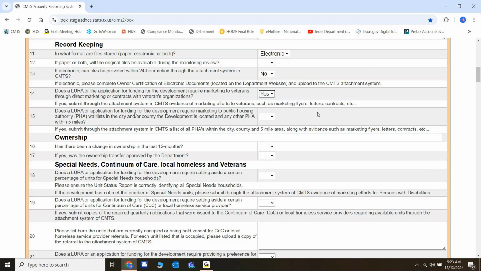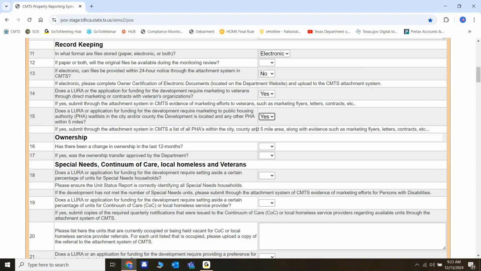So if your LURA requires this, you're going to say yes, and then you are going to submit through the attachment system a list of all the PHAs within your city, your county, and your 5 mile area, along with your evidence that you have completed marketing to them. You're going to submit that to us because that is how we are going to monitor that.